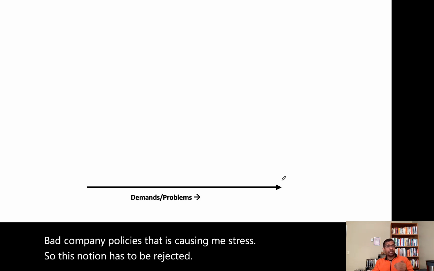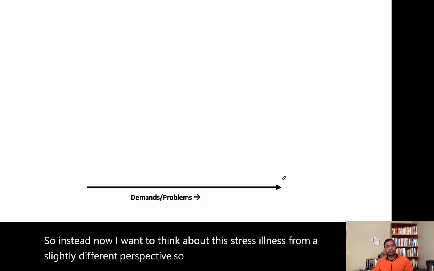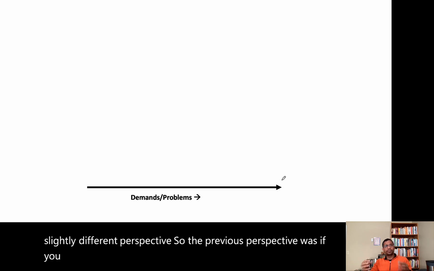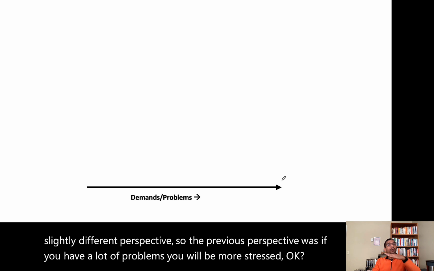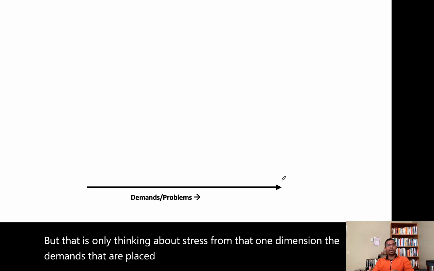So instead, now I want to think about this stress from a slightly different perspective. The previous perspective was, if you have a lot of problems, you will be more stressed. Okay? But that is only thinking about stress from that one dimension, the demands that are placed on you or the problems that you have in your life.